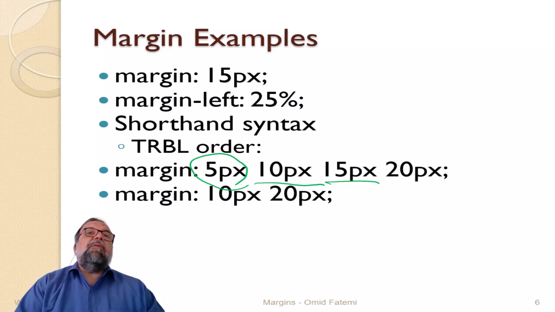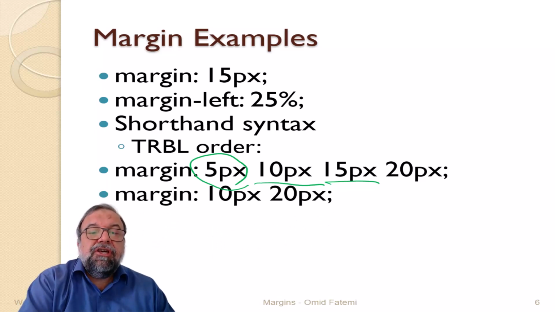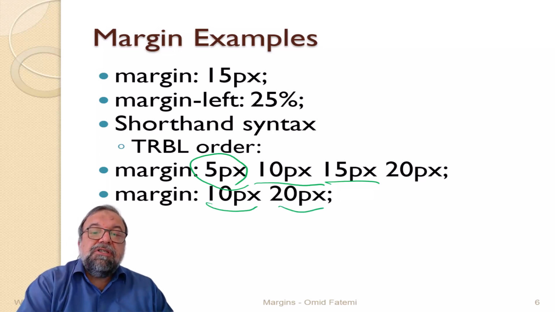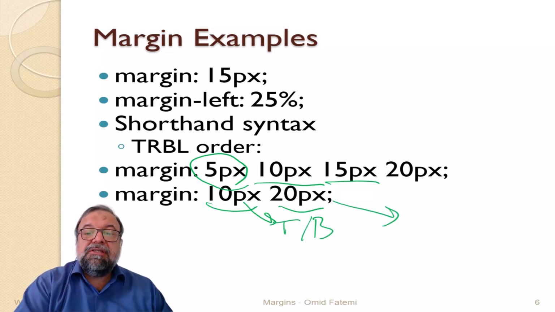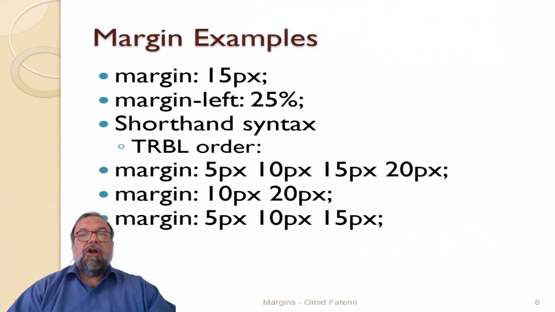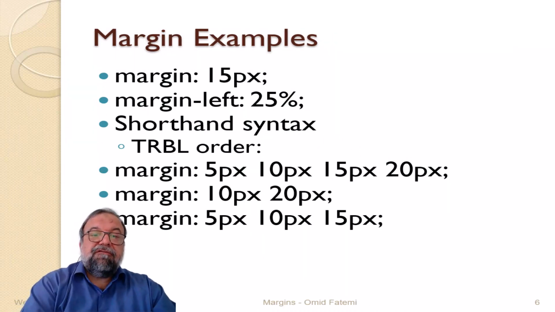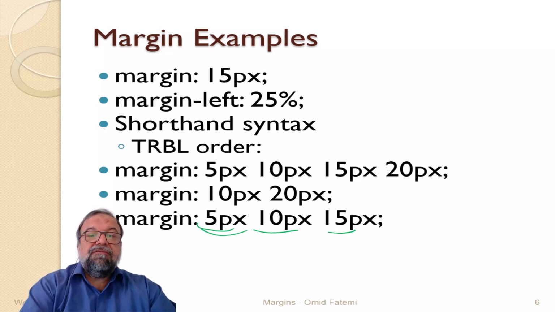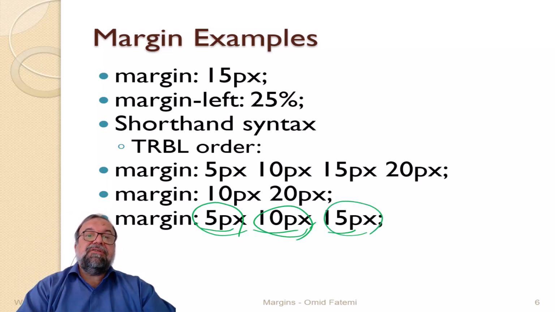If we use two numbers, like here only 10 and 20, it means we are using the first for top and bottom, and the second for left and right. If you are using three numbers like 5, 10, and 15, it means you are using 5 for top, then 10 for right and left, then 15 for the bottom margin.